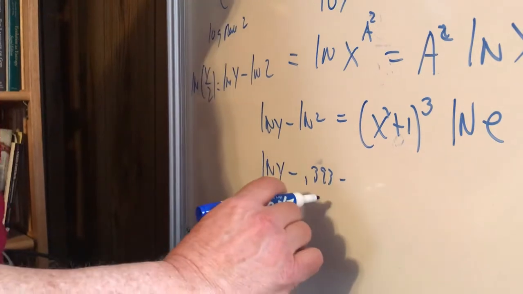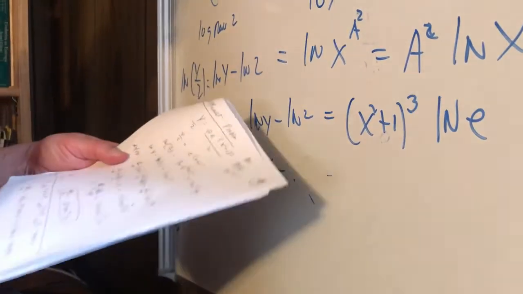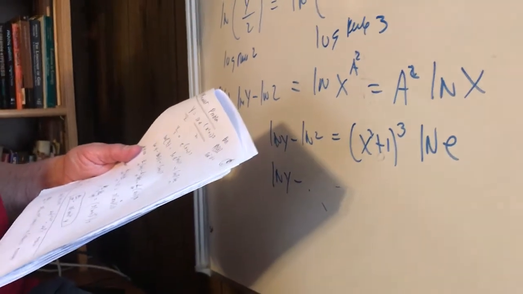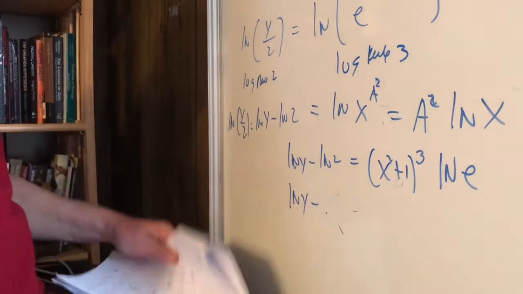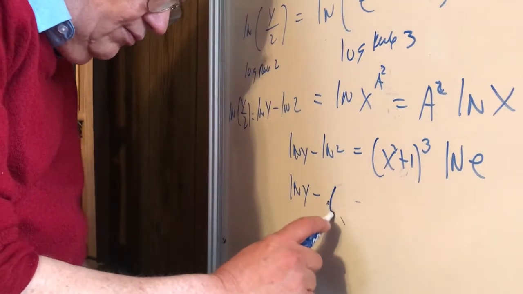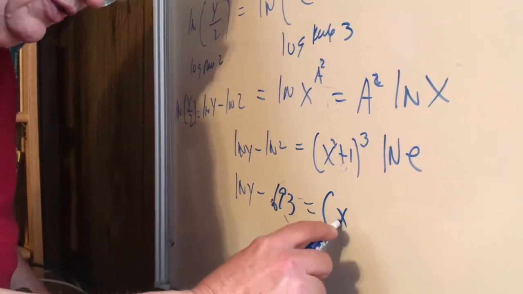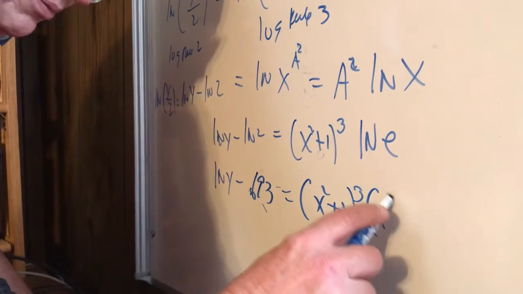Did you say 693? 693, yes. Yeah, 0.693 is correct. It equals x squared plus 1 to the third, and the log of e is 1.